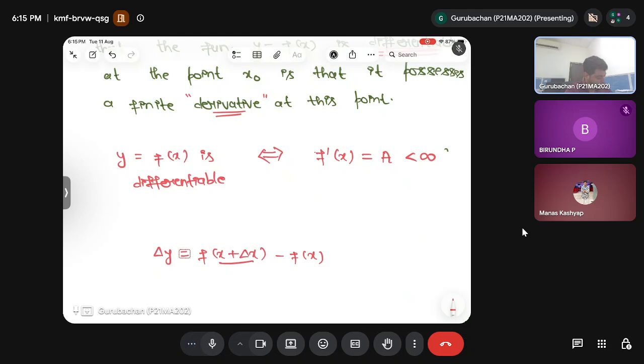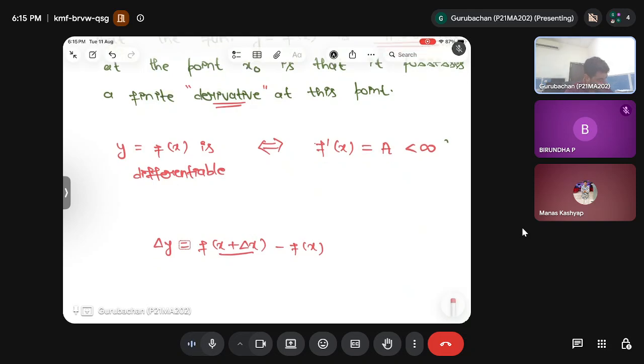And f(x) can be written as f of x naught plus x minus x naught into a plus epsilon times x minus x naught.